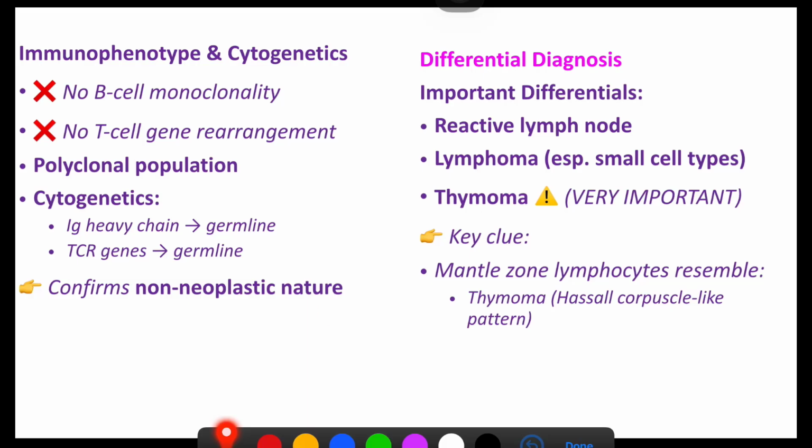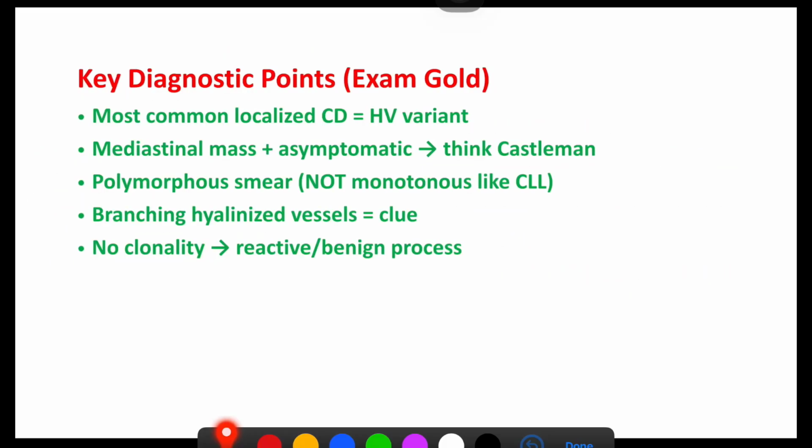So, in differential diagnosis, we have to include reactive lymph node, small cell lymphoma, and importantly thymoma, because it generally presents as a mediastinal mass. So, the key clue is mantle zone lymphocytes, which resemble thymoma, with a Hassall corpuscle like pattern.